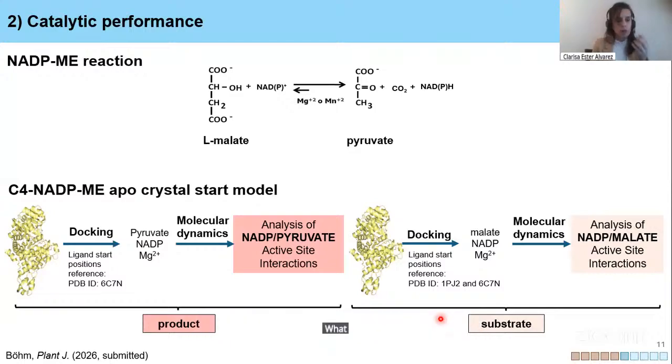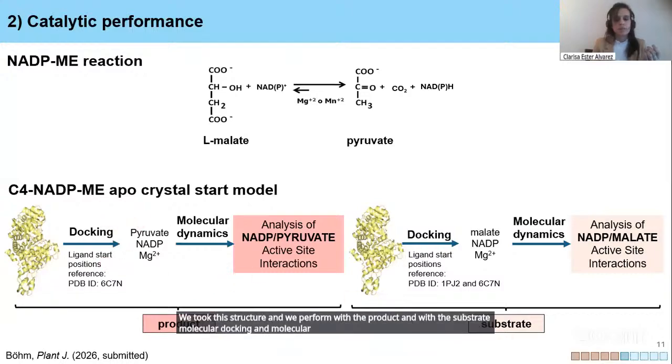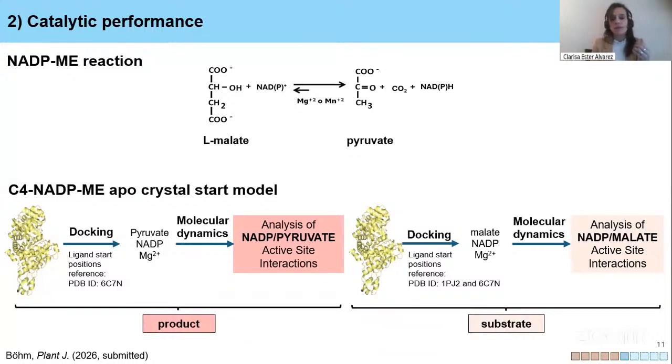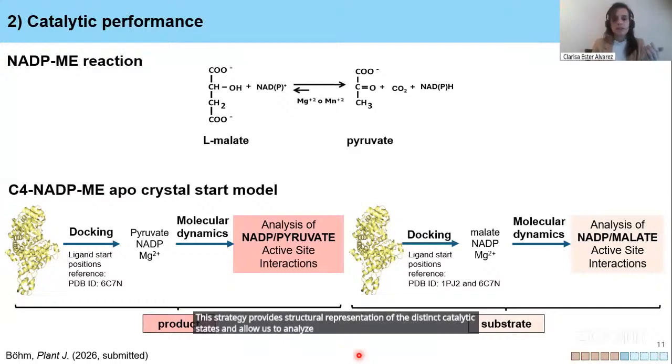What we did was take this structure and perform molecular docking and molecular dynamics with the product and with the substrate. This strategy provides structural representations of the distinct catalytic states and allows us to analyze the molecular interactions associated with substrate binding and product formation.